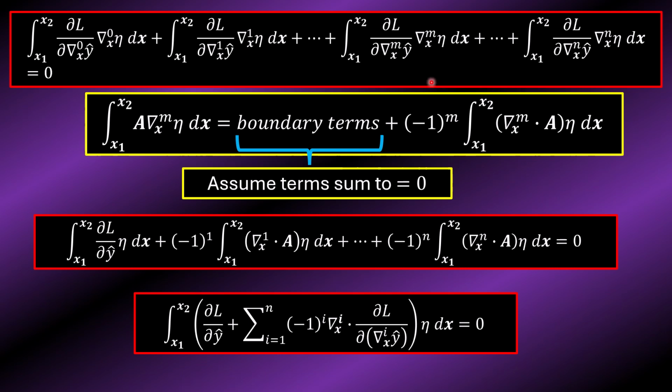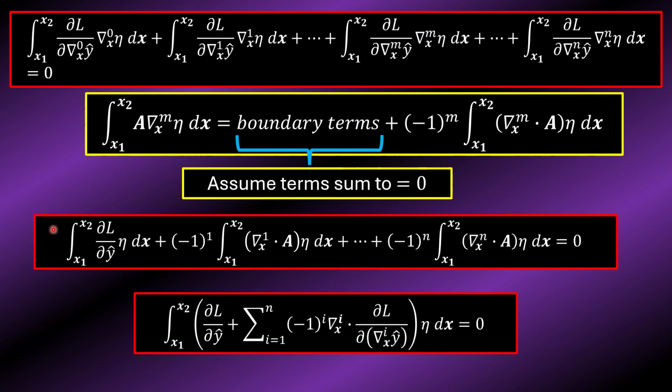If we say that this is a, and this is this term, then all of this is equal to the divergences, if we assume that the boundary terms for each one of these integrals sums to 0. So that's a very important restriction that we impose to get to our final solution.